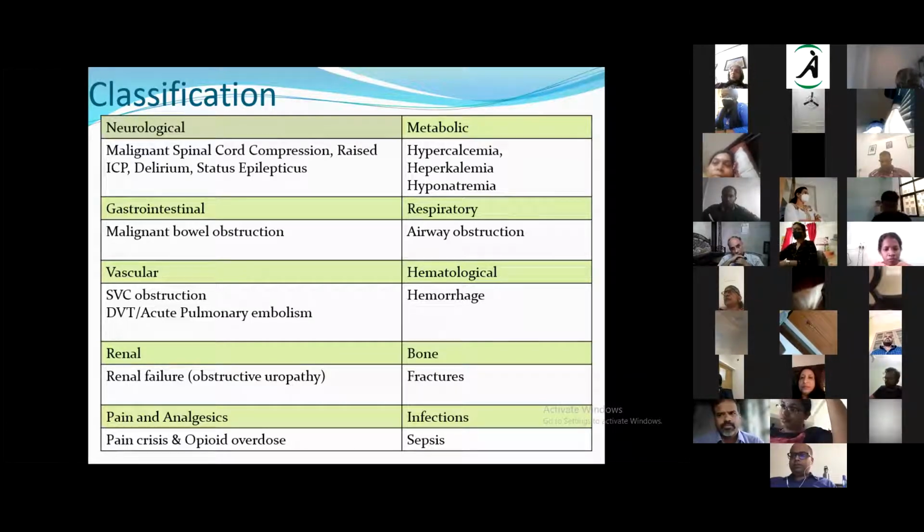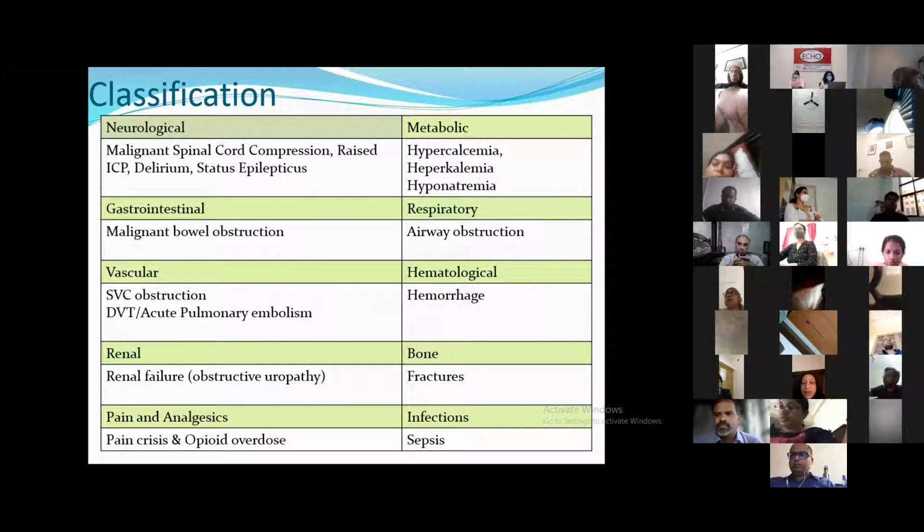And of course, pain is an emergency. I'm sure you have had exposure to pain management, but pain is the most common emergency, so managing pain is a very important aspect of palliative care.